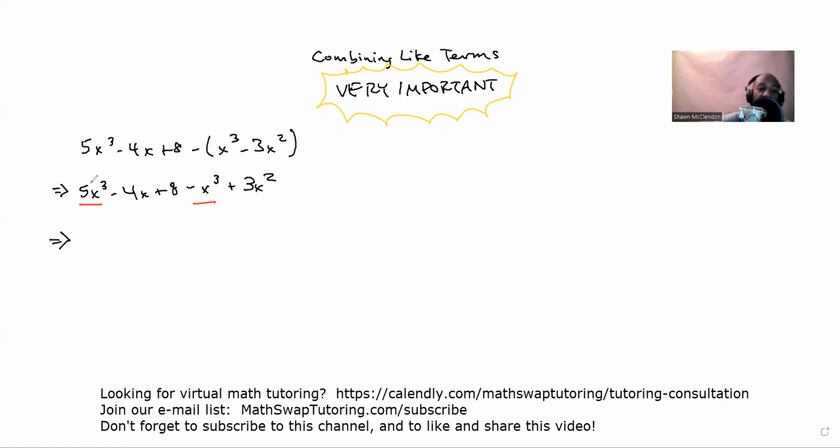So 5x cubed and a negative x cubed, that'll be 4x cubed. And let's bring everything together. And I'm going to write it in order of descending exponents. You don't have to, but it's a good practice to do so. So it's going to be plus 3x squared minus 4x plus 8. Final answer.